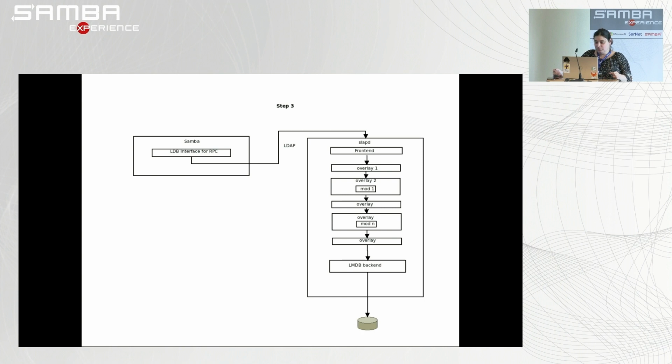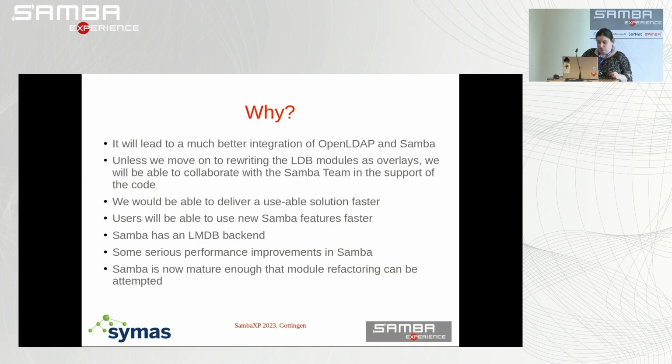And this is where we hope to eventually get. Basically, Samba will not be handling any LDAP traffic, and it does not need to have in it most of the LDB modules, because OpenLDAP will have that logic. So even though it's been a while and it has its issues, we are still determined to try and get this to work, because it will lead to a much better integration between the two systems.